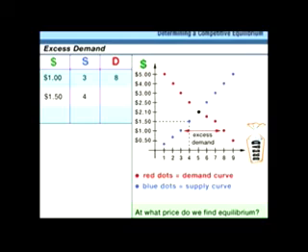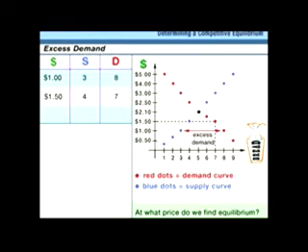At the same time, when the price goes up to $1.50, we've had one of the buyers drop out. That is, there was one buyer who was willing to pay $1, but not $1.50. So the excess demand shrinks as the price rises because additional sellers enter the market and some of the buyers drop out of the market.